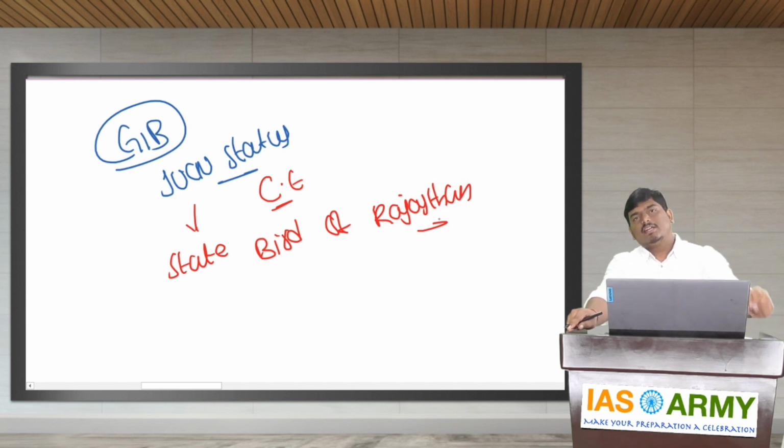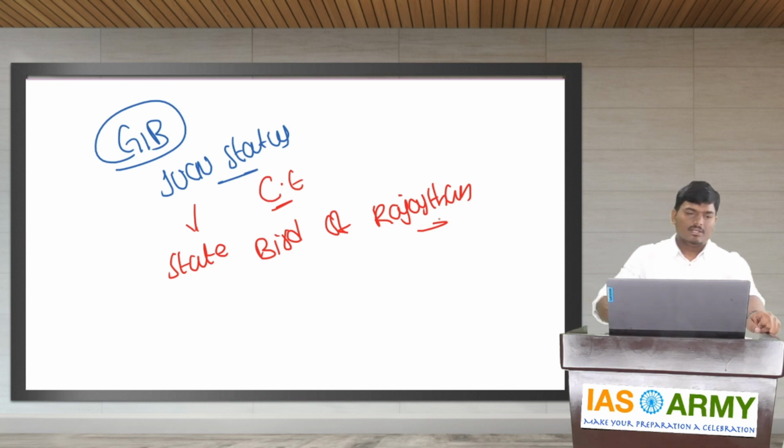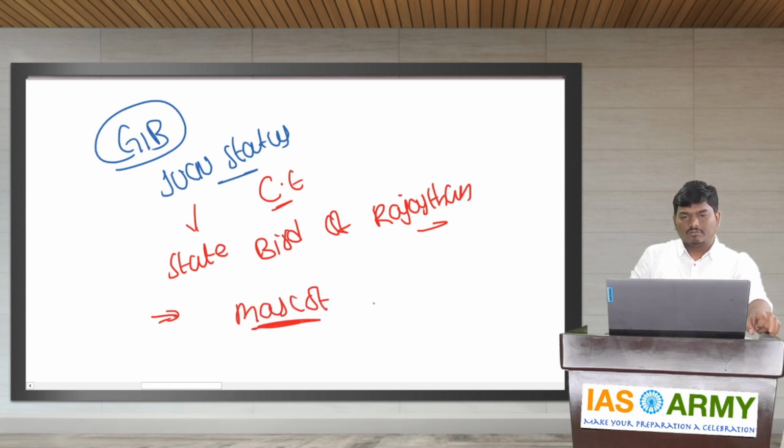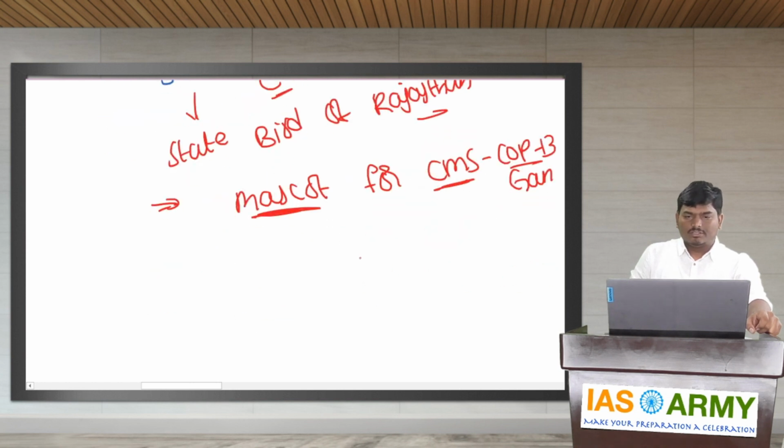Why is Great Indian Bustard in news, and what is its importance for this year's prelims? This Great Indian Bustard is the mascot for CMS, the Convention on Migratory Species, COP 13, which was held in Gandhinagar.